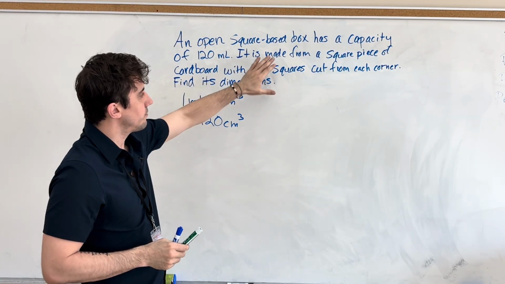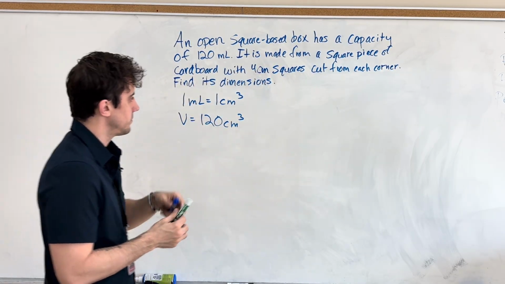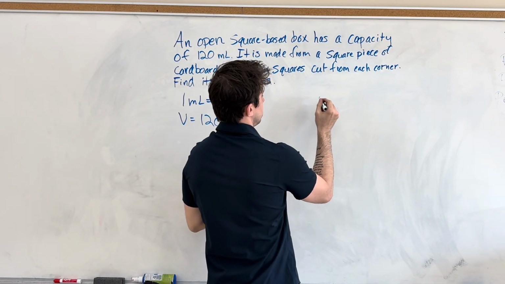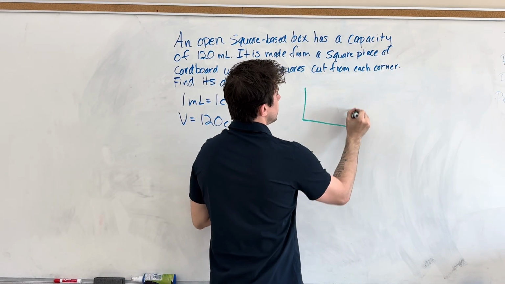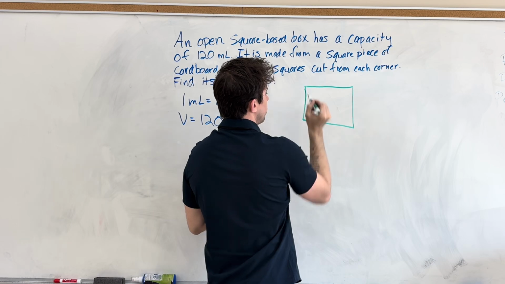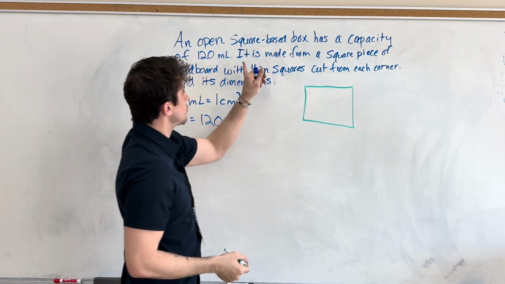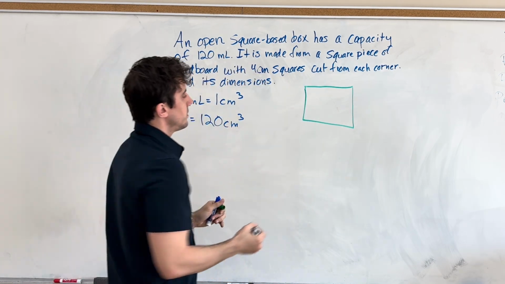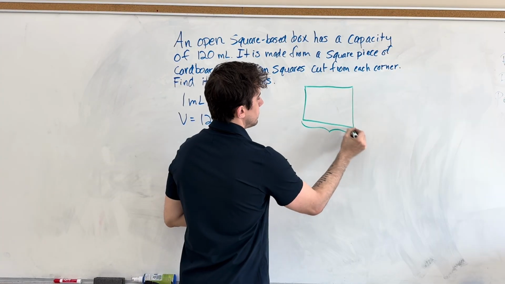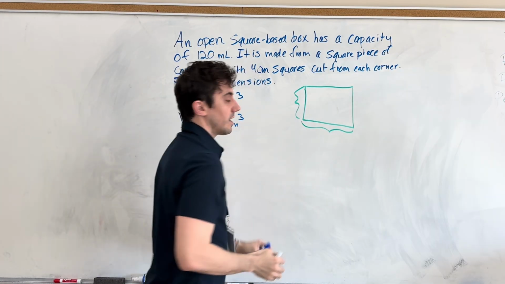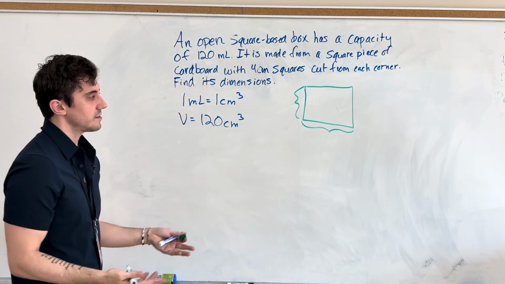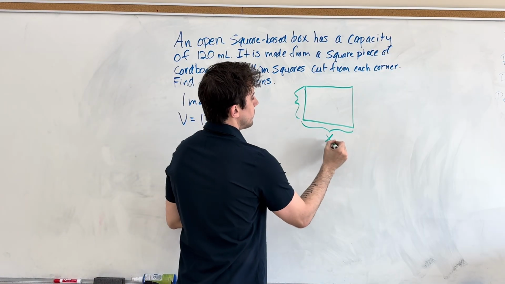Next, we're told that it's made from a square piece of cardboard. So let's draw that out so that we can build some kind of visual model for what's going on. It is a square piece of cardboard, so we know that its length and its width are identical. We don't know what they are exactly. Let's call them some unknown.